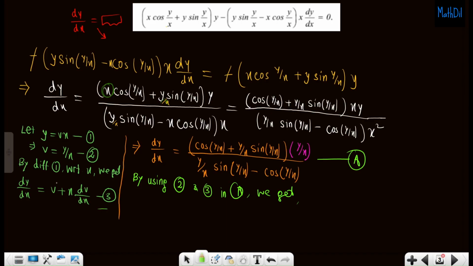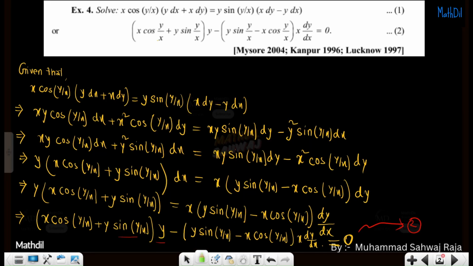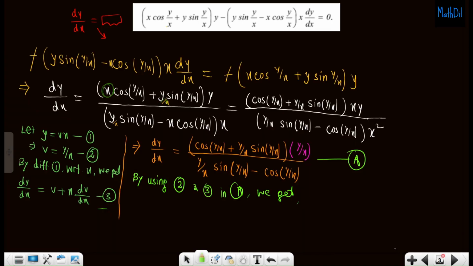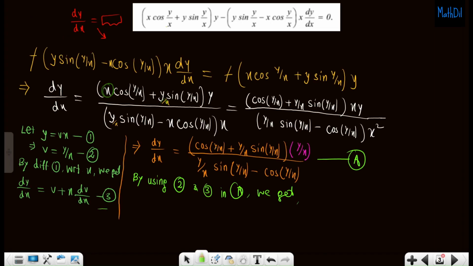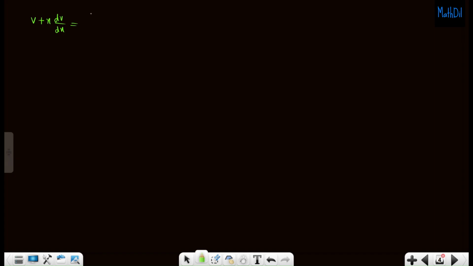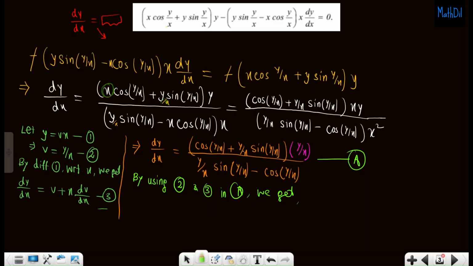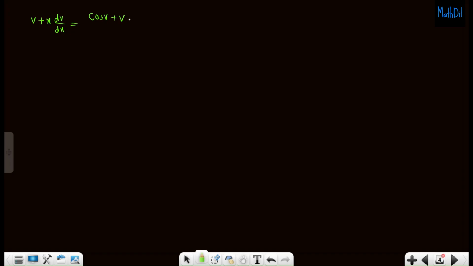See, dy by dx, so we can write this one, v plus x dv by dx will be equal to, see, instead of y by x we will write v, right? So cos v, plus y by x, so it will be v plus v sin v, right?